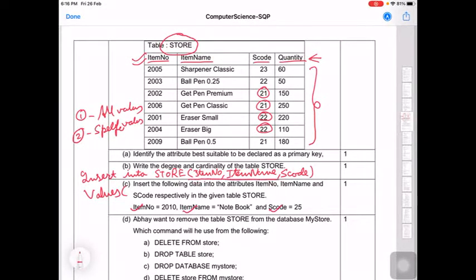This entire part will not be used if you are entering all the 4 values, but in this case you are just entering the 3 values, so you will be using this type of syntax. So in values you will just write as the values are given to you, 2010 comma notebook, that should be in quotes, and 25, and at the end you must put a semicolon. So this will be the answer.